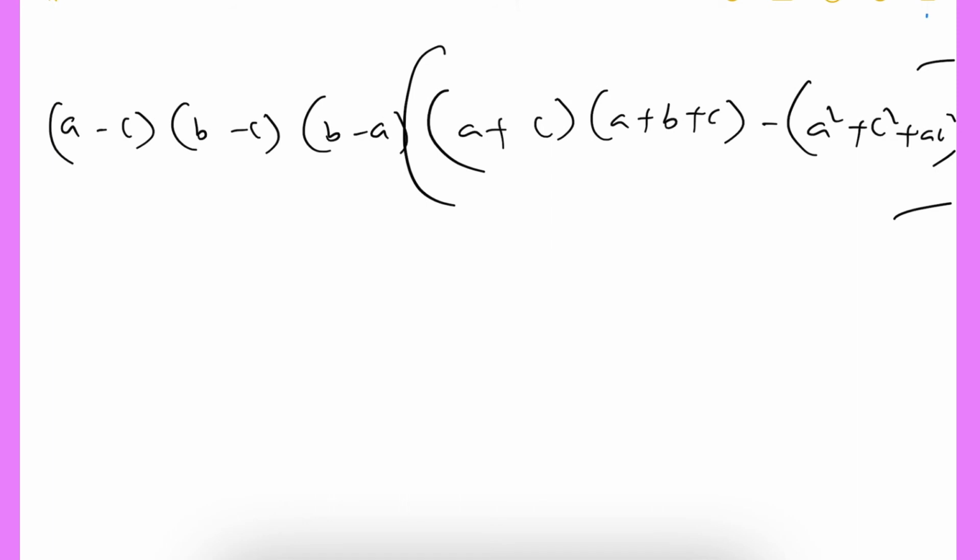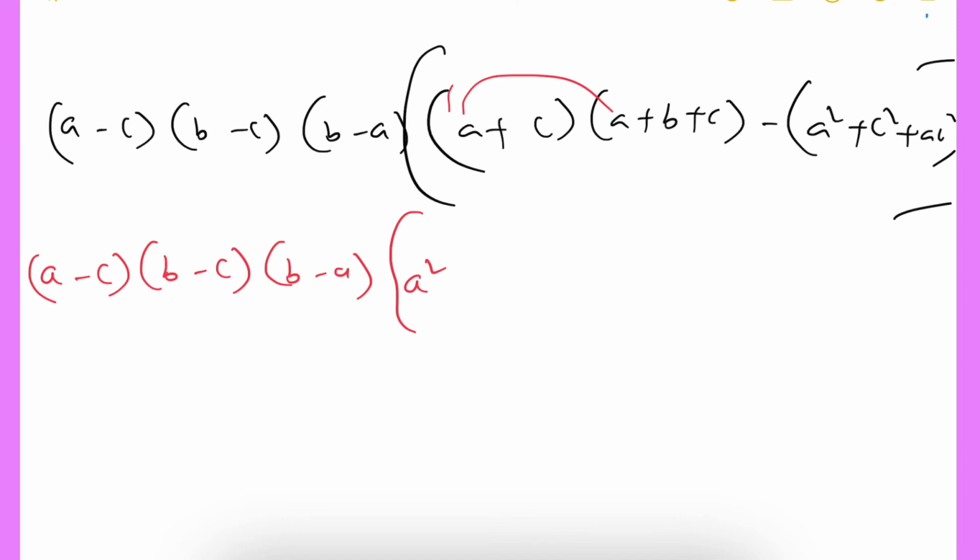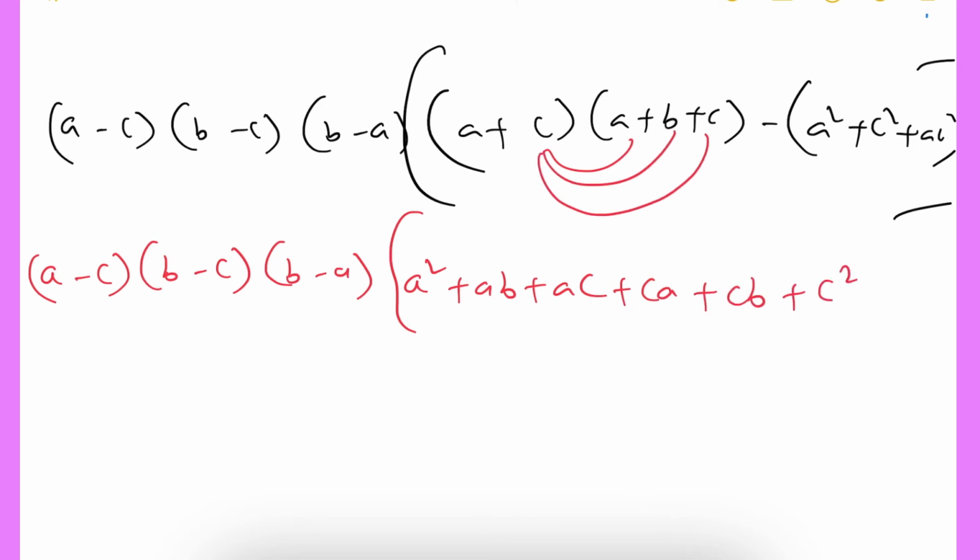Outer numbers as it is, (a minus c) into (b minus c) into (b minus a) times: a into a square, a into b, ab, a into c, ac. Then second element, c into a, ca, c into b, cb, c into c, c square. Next, minus a into a square, minus a square, minus c square, minus into ac, it will become minus ac.